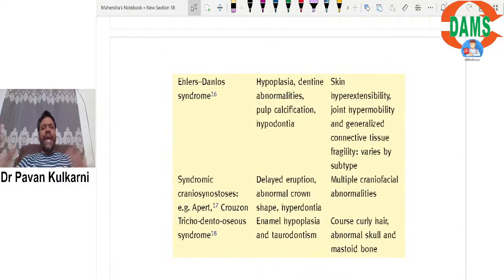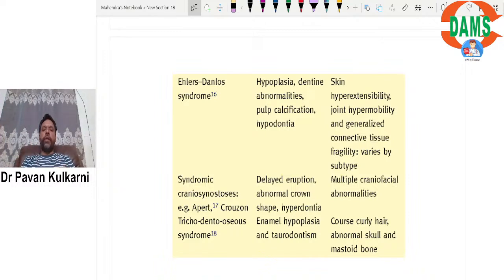Now, what about Ehlers-Danlos syndrome? Ehlers-Danlos syndrome is also known as rubber man syndrome. Why do you call it rubber man syndrome? Their skin is so extensible, they can stretch their skin. Like in a circus, they can exhibit some acts, that is why it's called rubber man.